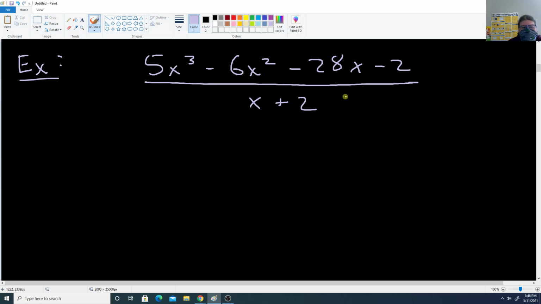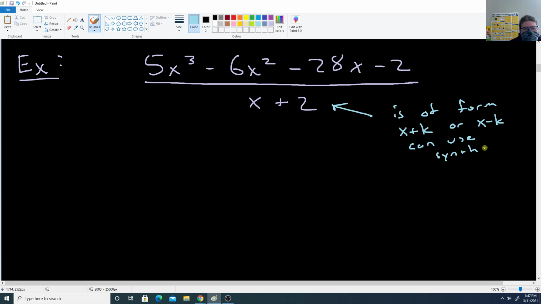In this case, the divisor, this x plus 2, is of the form x plus a number or x minus a number, so synthetic division is okay to use. So how do we do synthetic division?